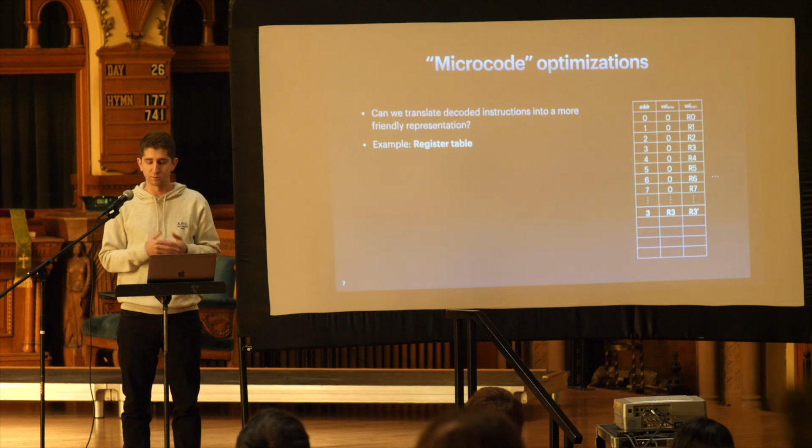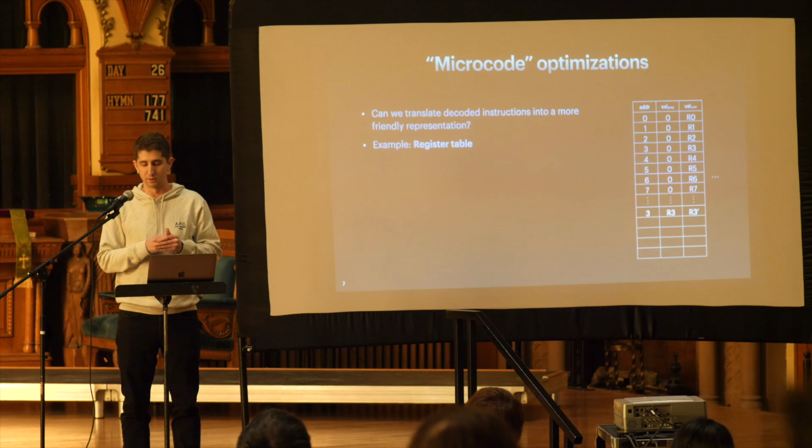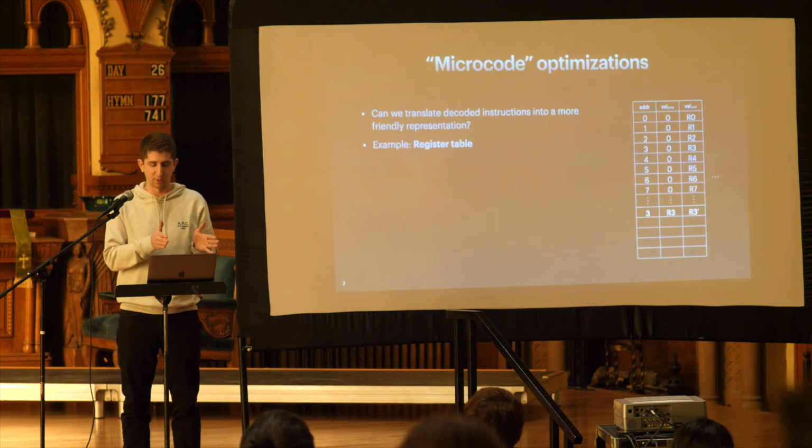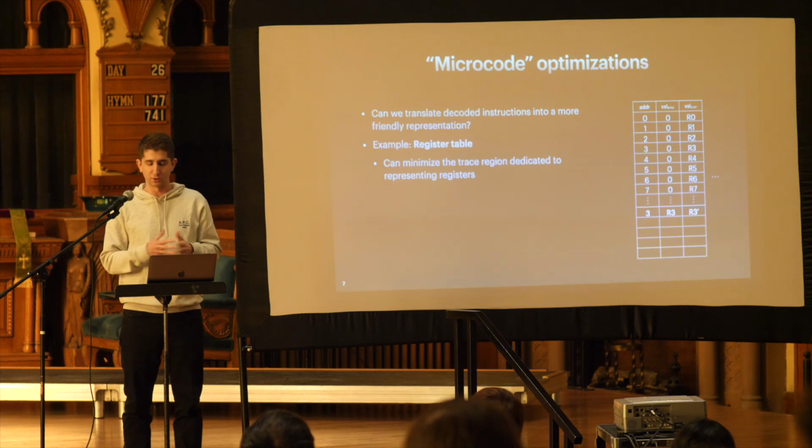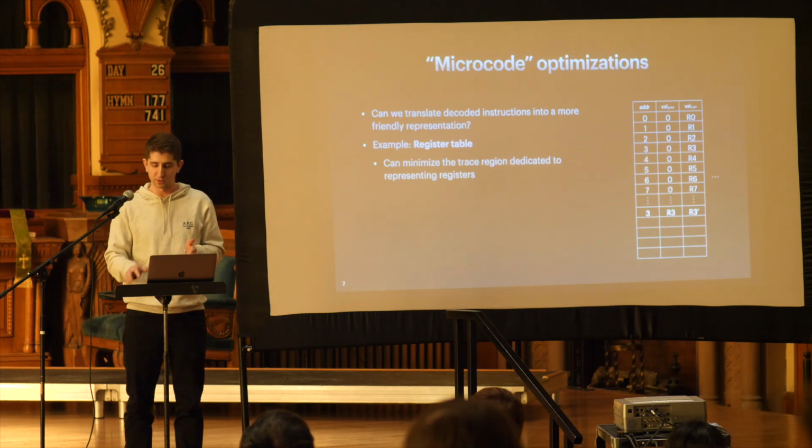Then each time we use a register, we append a single row with constraints that the previous register and the current register match up, using a permutation argument here, or in the previous access. So this minimizes the trace region dedicated to representing registers.